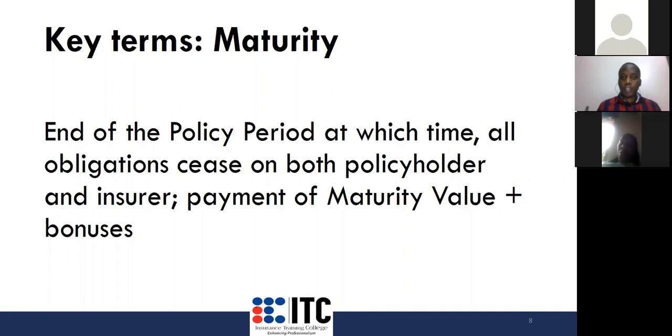So if there are benefits to be enjoyed at that point, then the policy is said to mature, and benefits are meant to be paid out by the insurance company. So at maturity, usually there's a payment of a maturity value, which is usually the sums assured plus bonuses. Or if it's a policy that has no bonuses, it will just be the maturity value. And after that payment is made, all obligations cease.